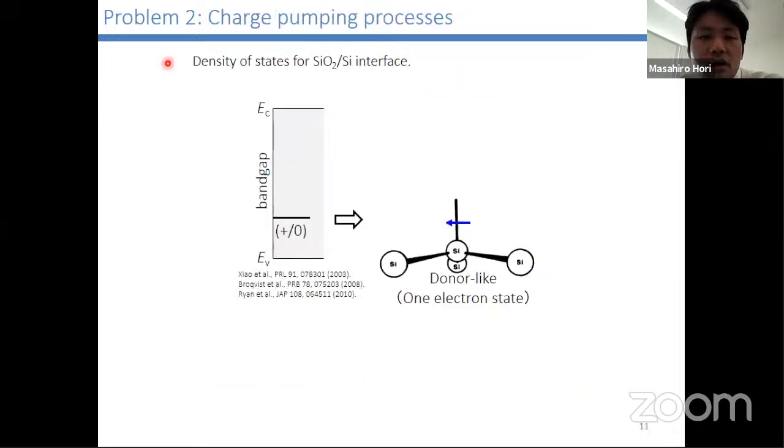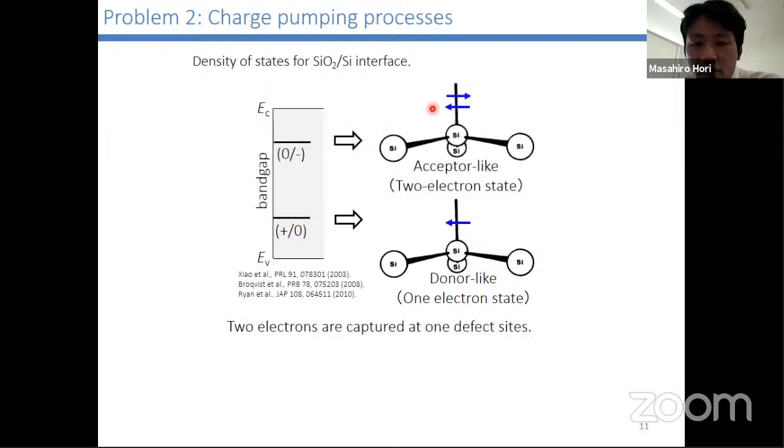Another problem is the charge pumping process. According to the widely accepted literature for the density of states for the silicon-silicon dioxide interface, two electrons are captured at one defect site. Namely, the first electron is captured at a lower energy level, and the second electron is captured at the same defect site at a higher energy level.